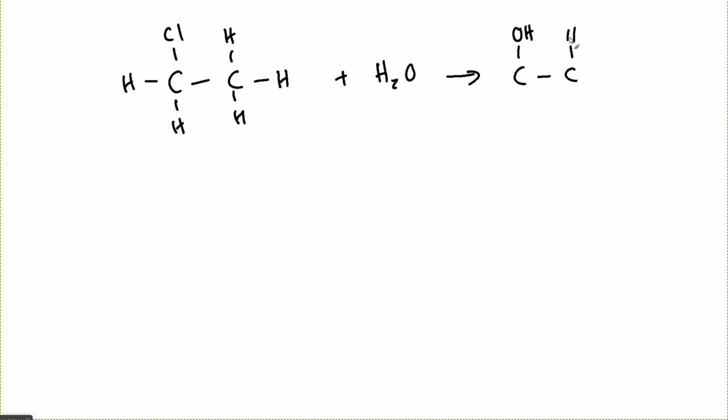So this one would form ethanol. However, this reaction is extremely slow. It's quicker if instead of using water we reflux it with hydroxide ions, so sodium hydroxide, so we can achieve basically the same sort of reaction.